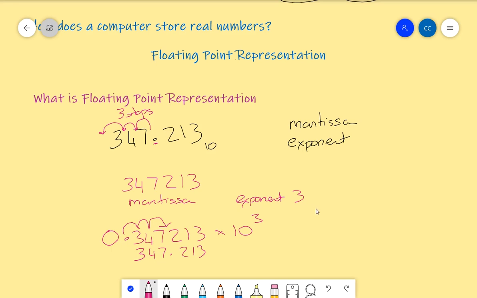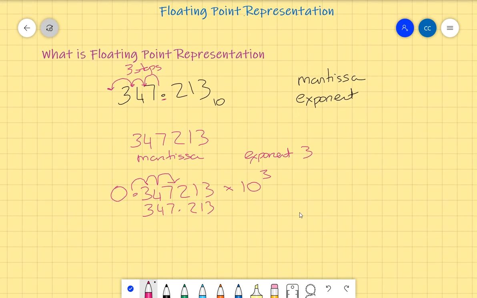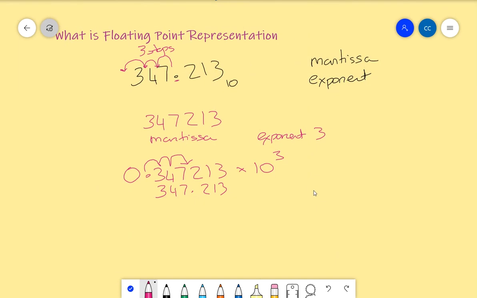Now the other thing about the computer system, of course, is, as we know from our earlier studies, it can only store binary. Machine code is binary, 2 digits, 1 and 0. So this decimal number here, 347.213, would actually have to be stored in a binary form.